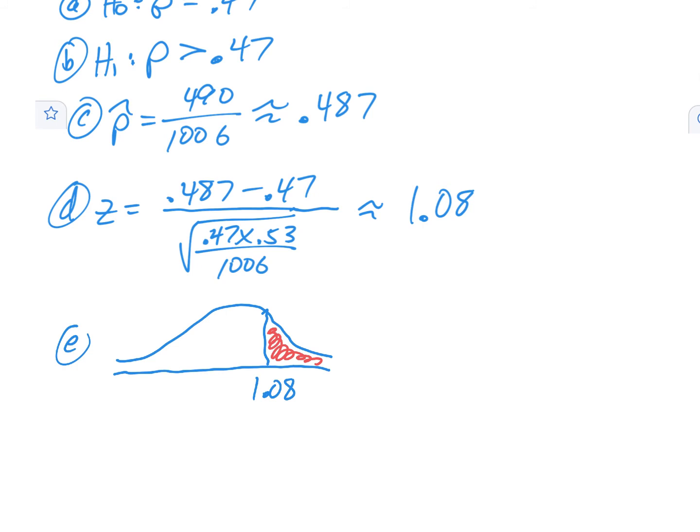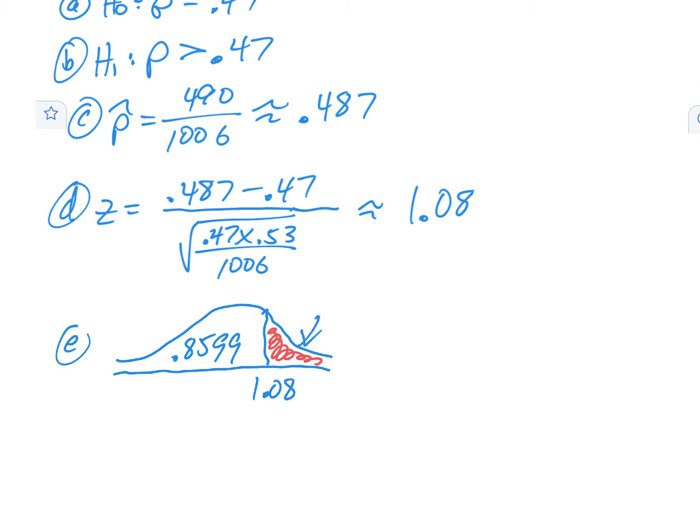But ladies and gentlemen, be very careful. When you look up 1.08, I'm doing it on my piece of paper now, I get 0.8599. I must do what, everybody, to get the red area? So 1 minus 0.8599 is 0.1401.